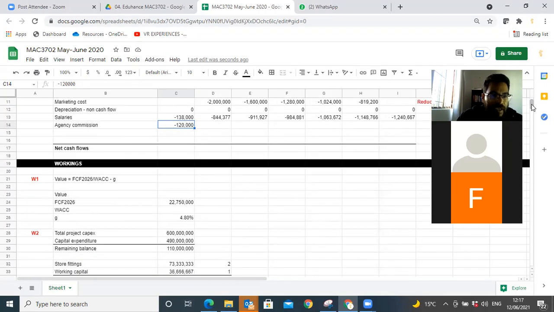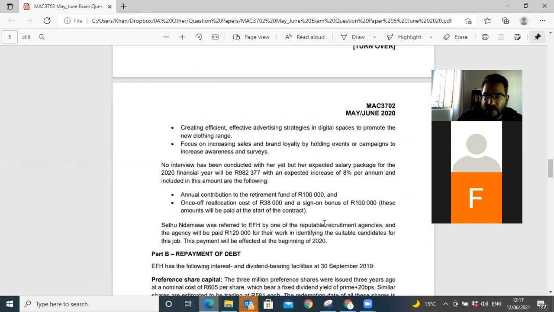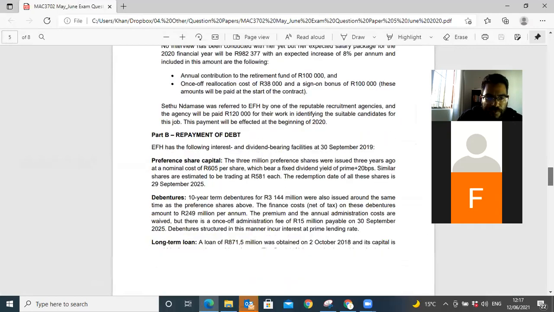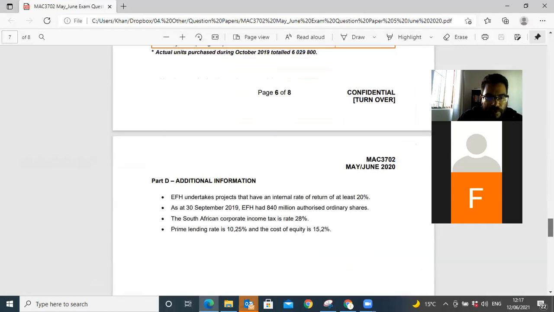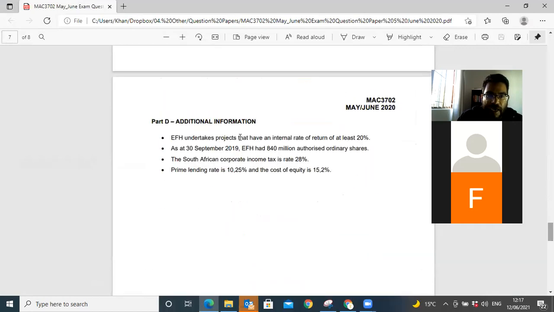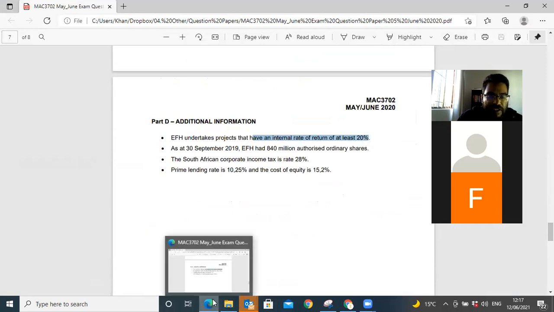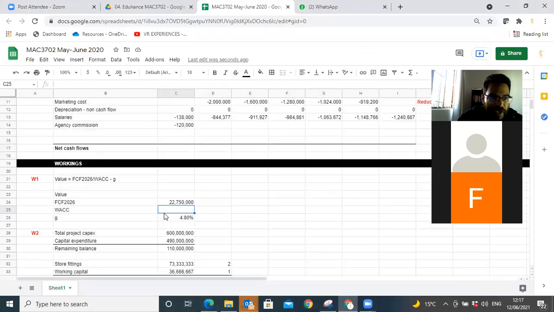So remember, in the question, the internal rate of return they told us was 20%, I think. Here they say, undertake an internal rate of return of at least 20%. So we must use that as our discount rate. So if we go over here, we plug in 20%.